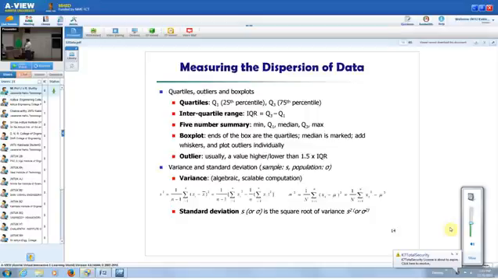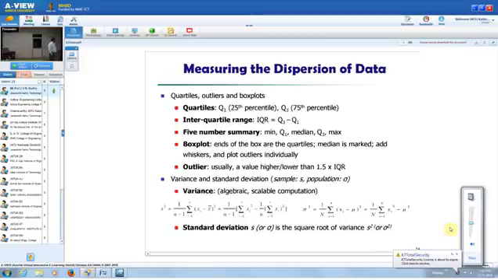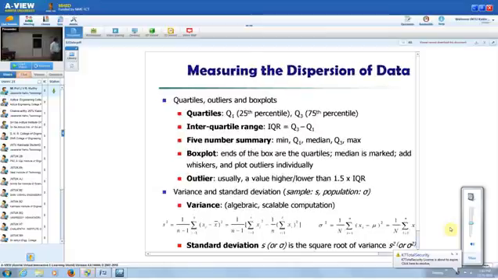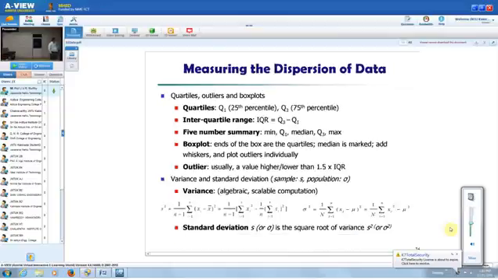So that is considered as one measure. Here, if you consider S square, the variance, it is 1 by n minus 1 into sigma of xi minus x bar whole square, i running from 1 to n.